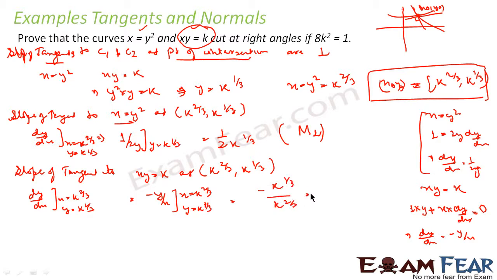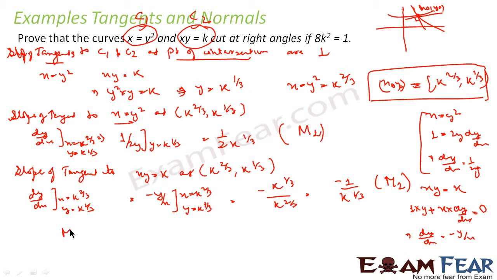So this becomes nothing but minus 1 by k to the power 1 by 3. Correct? This is what we got, and this is nothing but m2, the slope of tangent to curve 2. This is curve 1 and this is curve 2. Now I have to prove that they are perpendicular.